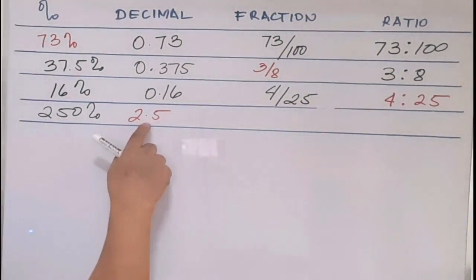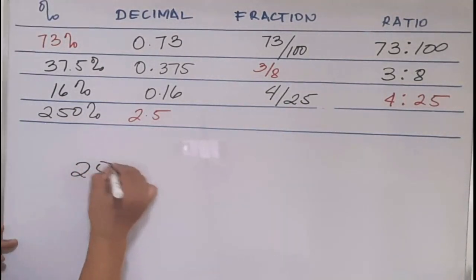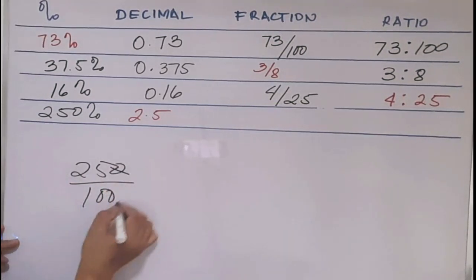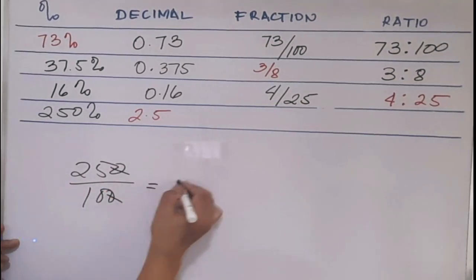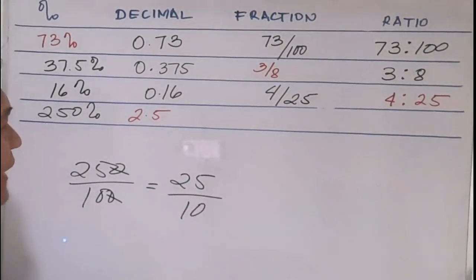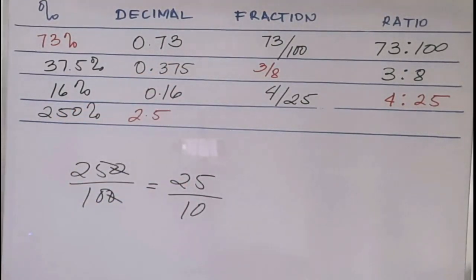What about 2.5 into a fraction? That would be 250 divided by 100, and we cancel the zeros, which becomes 25 over 10.